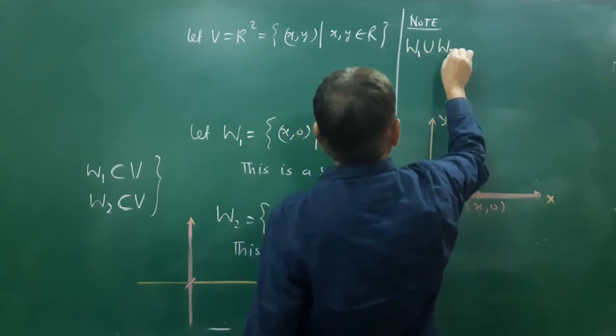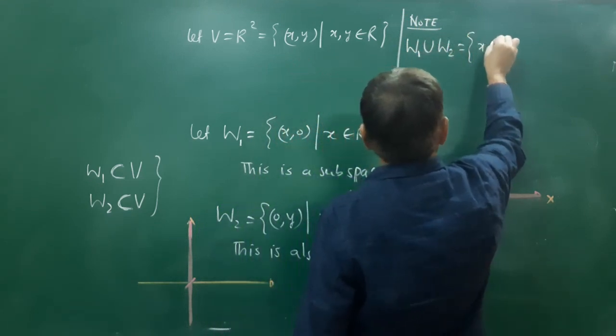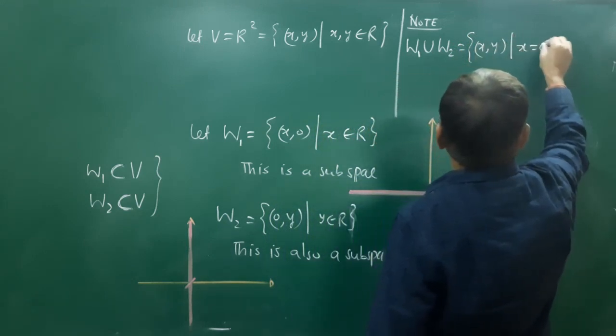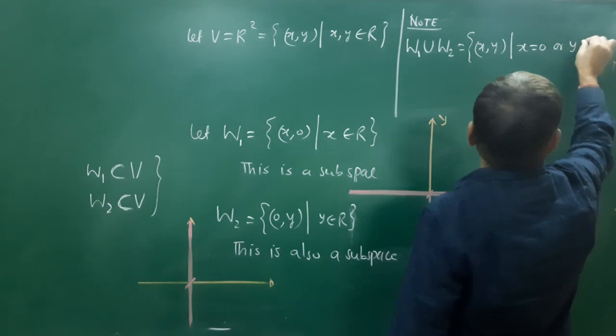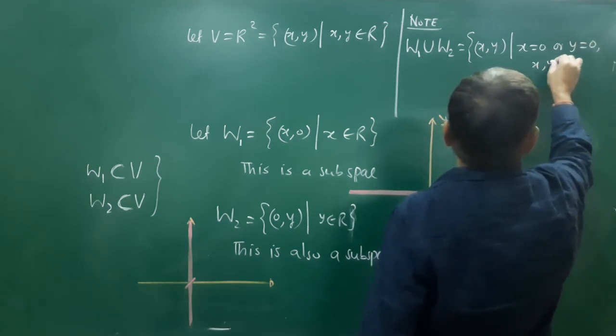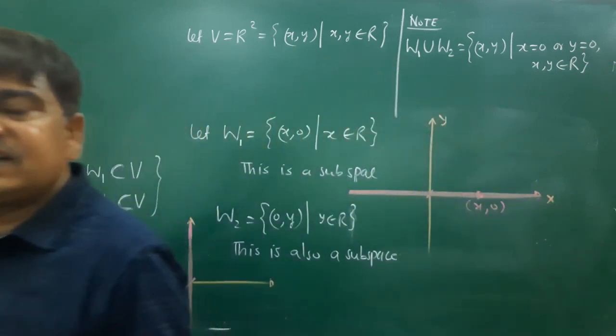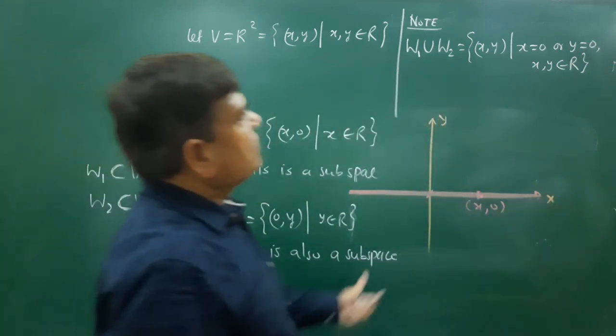W1 union W2 is the set of (x, y) such that x equals 0 or y equals 0, where x, y belong to R. So either x equals 0 or y equals 0.